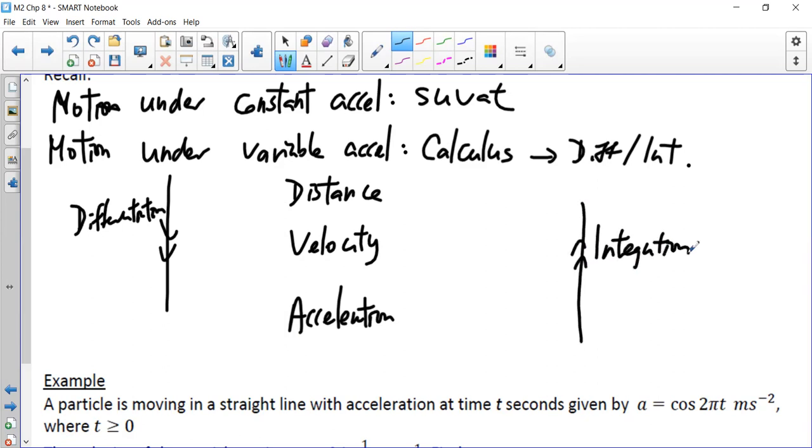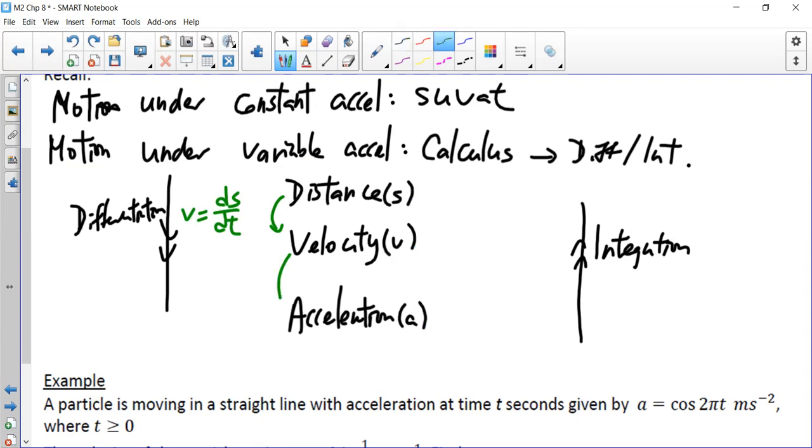Now, how do you remember the formula? Well, it's actually quite easy. If you set it up like this, then from distance to velocity, the end of the arrow will be the start of the formula. So the arrow is on a v, so v equals, you want to differentiate, so ds by dt. We use s, v, and a.